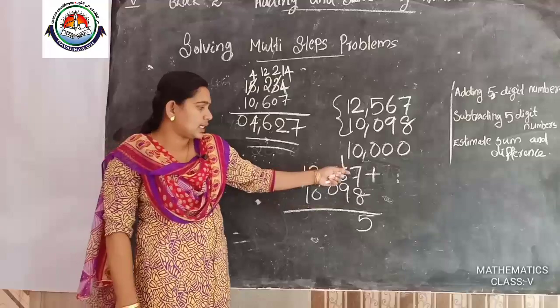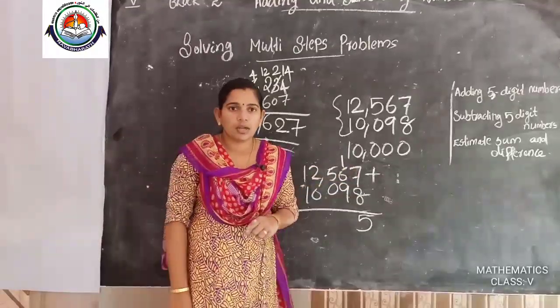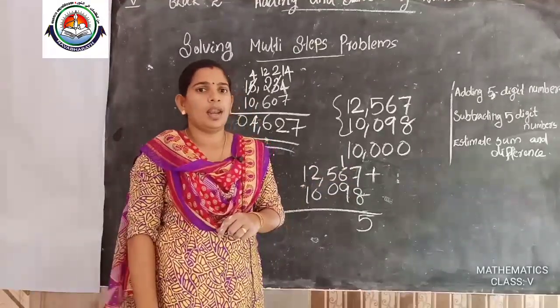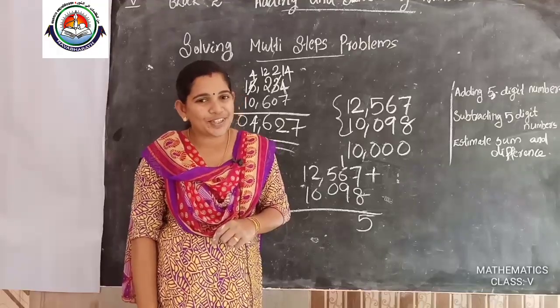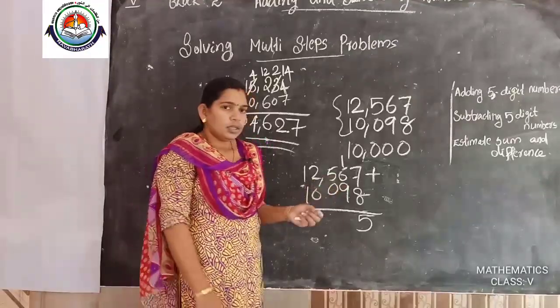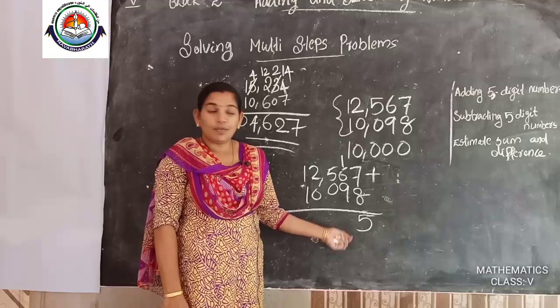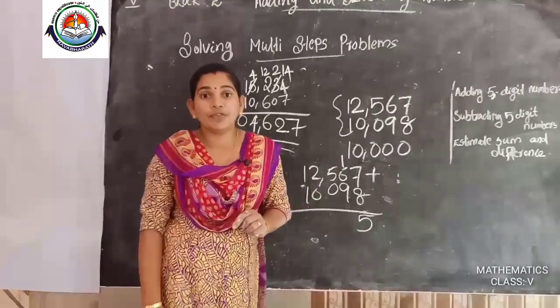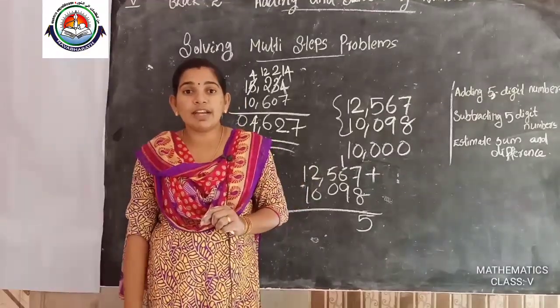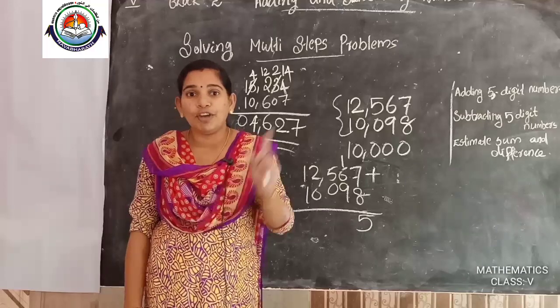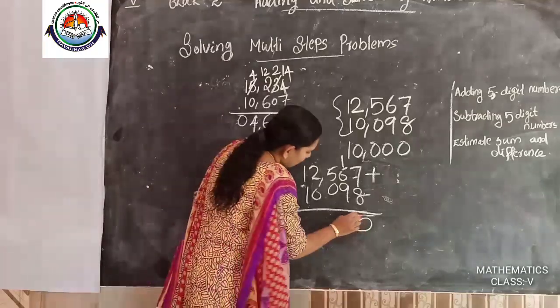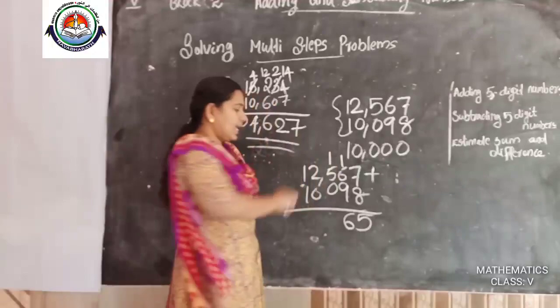Then 6 plus 9. What is the value of 6 plus 9? 15. We write 5 here, and 1 carry is there. 15 plus 1. Very good, 16. Then 1 carry.